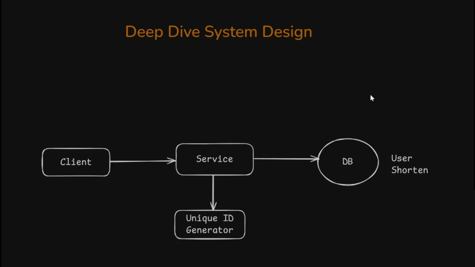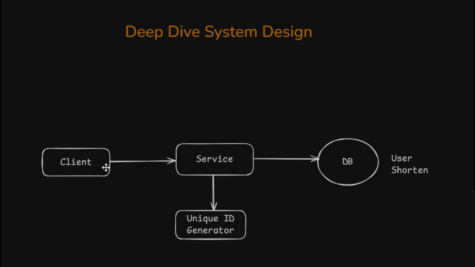Okay, so the basic flow would work fine. But for a scalable system, when we are getting hundreds and thousands of requests, let's try to identify the deep dive discussion pointers, considering scalability and security. The first area we can focus on is when the URL is already shortened.